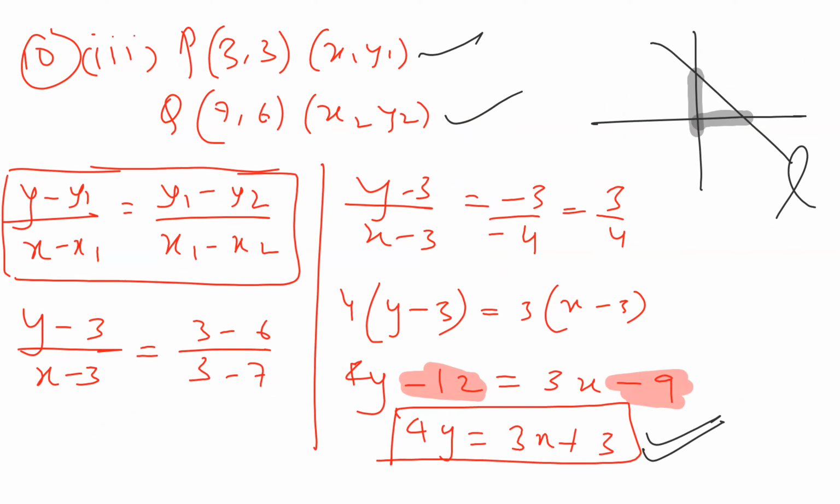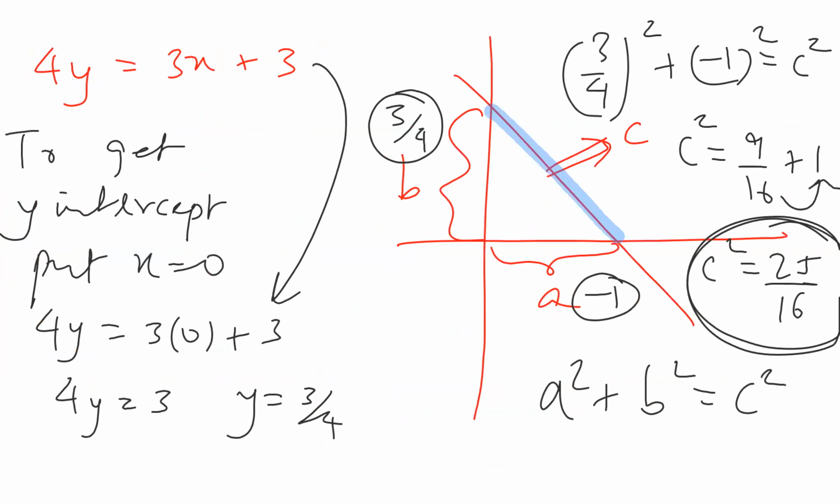How to get the x-intercept? In the same line, put y equal to 0, you'll get the x-intercept. Put x equal to 0, you'll get the y-intercept. This is what I had done earlier.